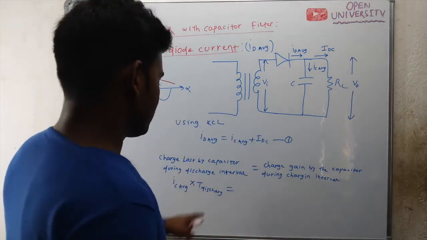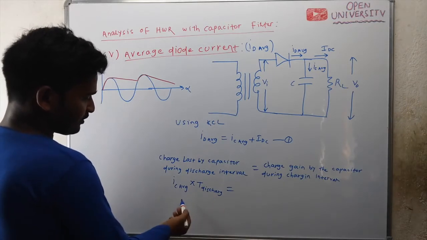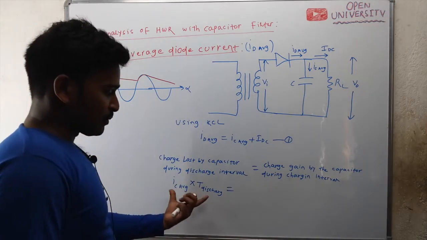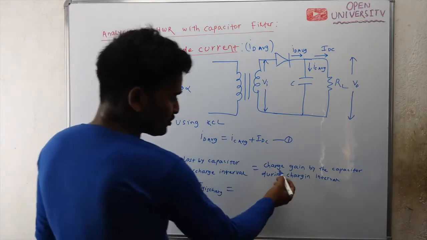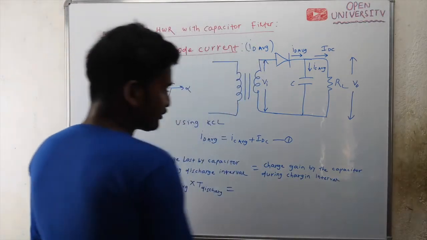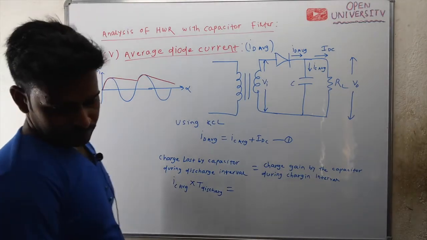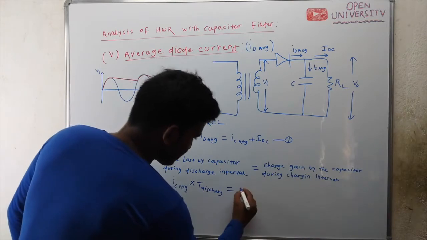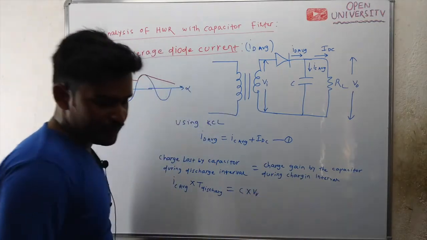Whatever current is flowing through the capacitor in the discharge interval into discharge time will be the amount of charge lost by the capacitor during the discharge interval, equal to charge gained during the charging interval.